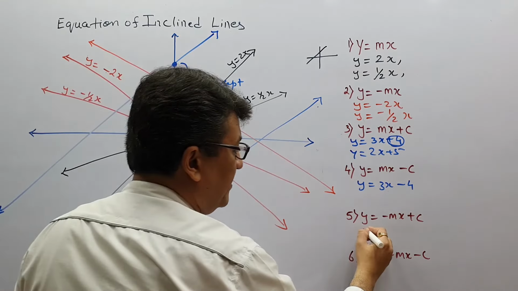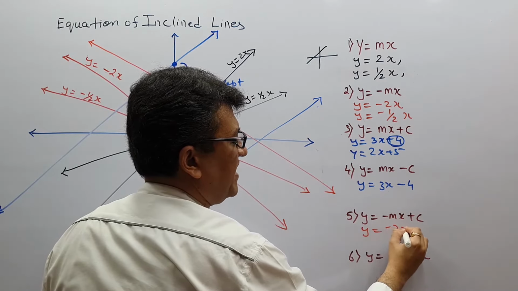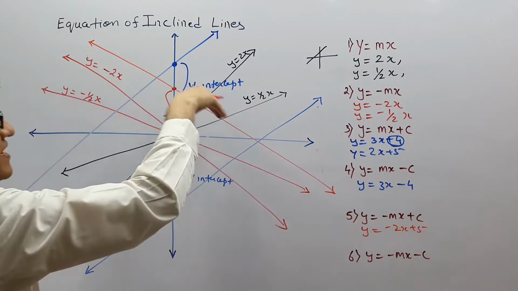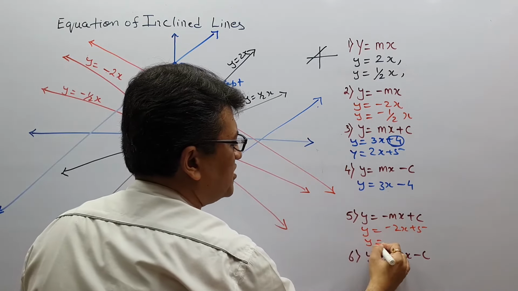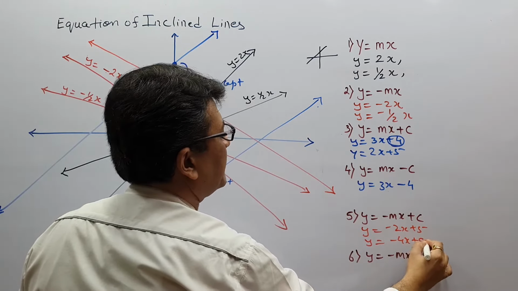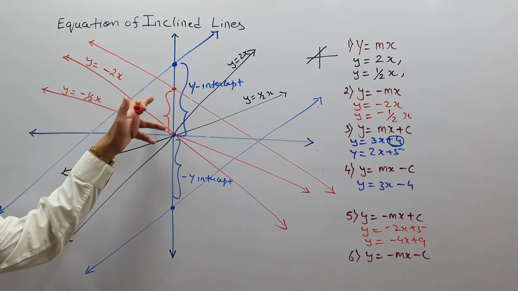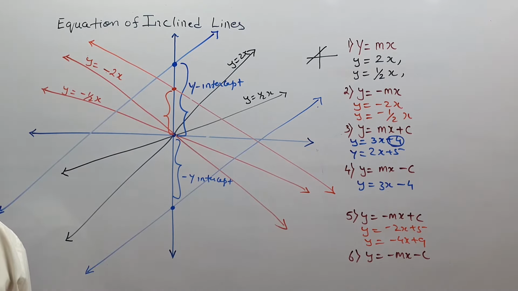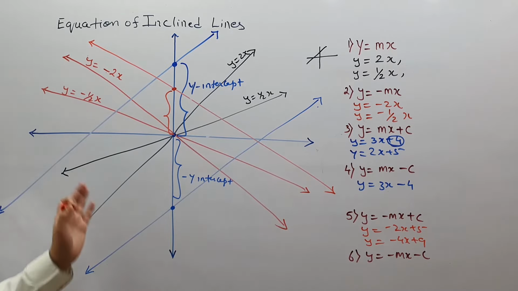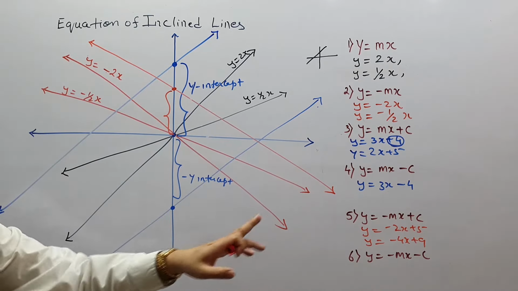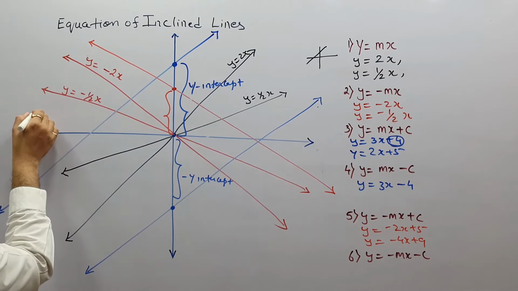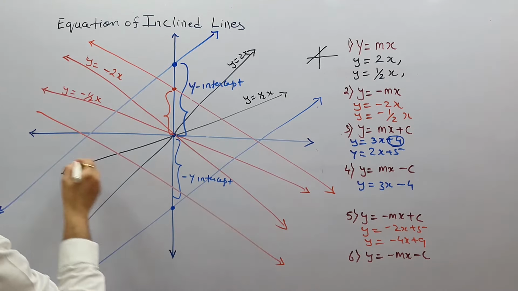If I were given y equals minus 2x plus 5, it has to be somewhat like this. If I'm given y equals minus 4x plus 9, it has to be from 2 to 4, having some kind of positive intercept. Always. How about the last one? y equals minus mx minus c. Minus mx is again from 2 to 4, but with minus c. Minus c means it has to pass through somewhere with a negative intercept.